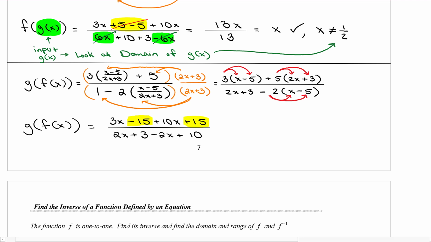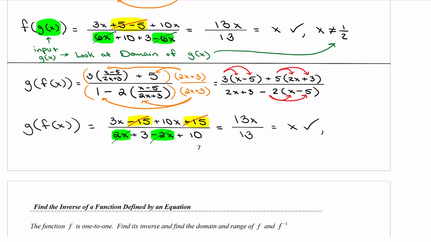Combine like terms. The negative 15 and positive 15 cancel out. Let's combine the 2x's: 2x minus 2x, these cancel out. We're going to be left with 13x over 13. The 13s divide out, and we'll be left with an x.